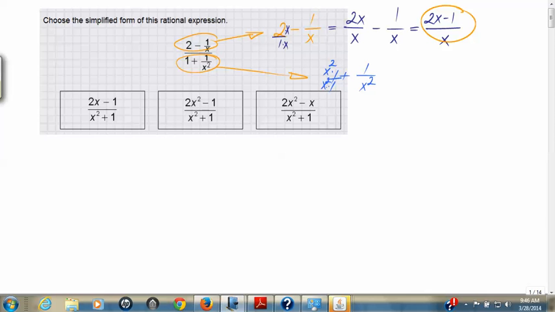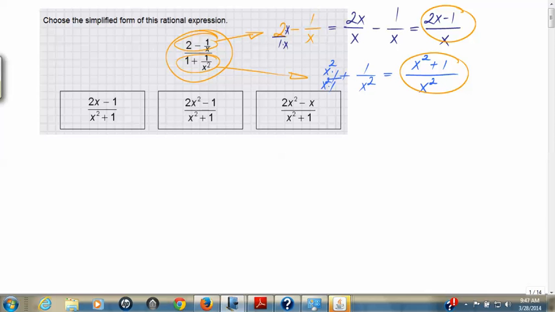Nothing changes here because x squared over x squared is 1 over 1, which is 1. Because I have a common denominator, x squared, all I need to do is add my numerators: x squared plus 1. And this is the most simplified form of my denominator in the initial fraction.